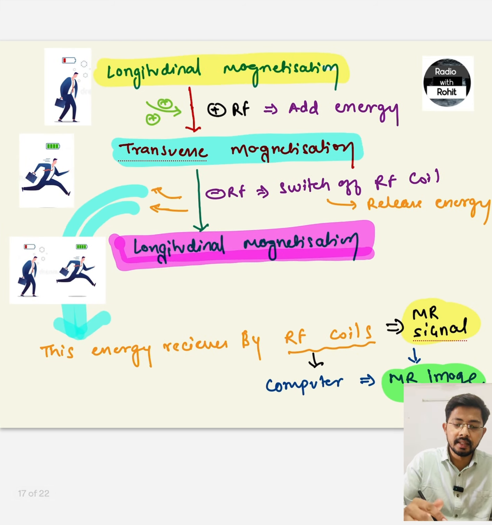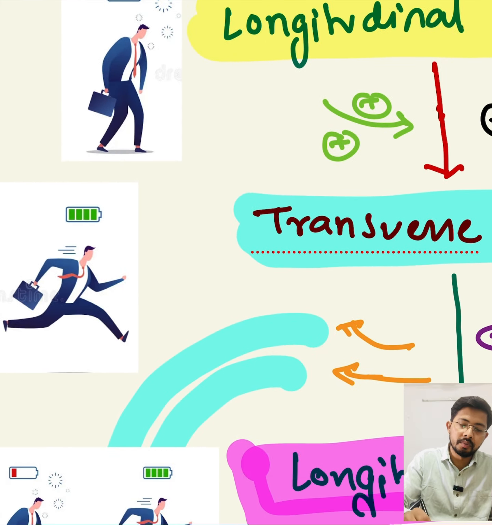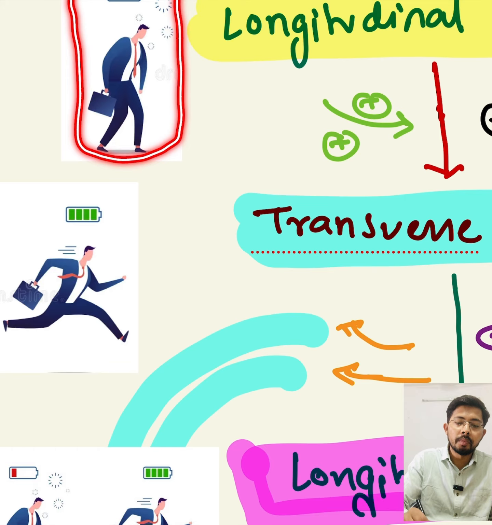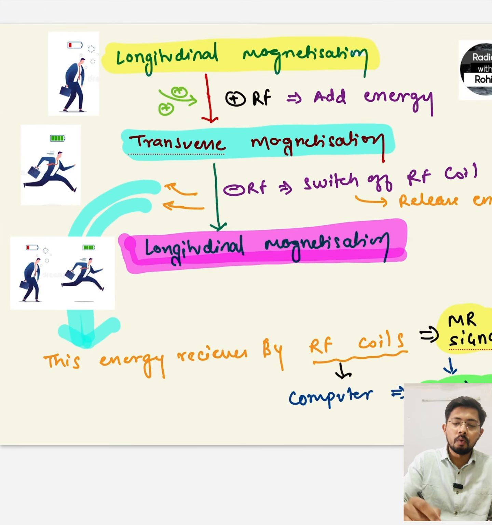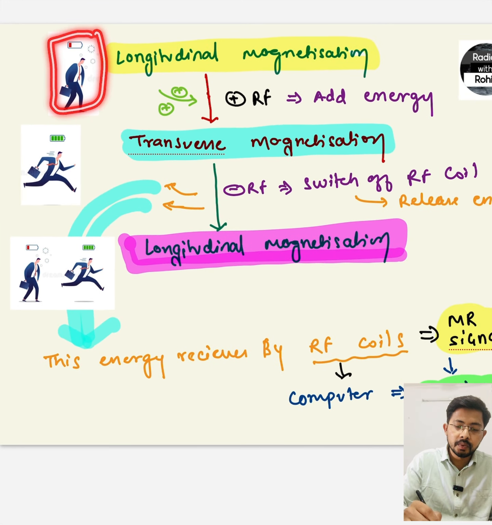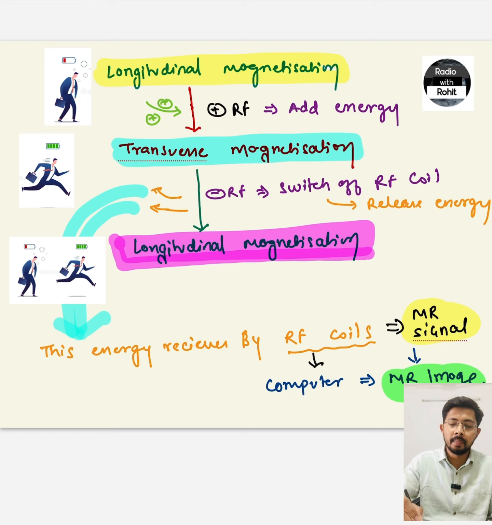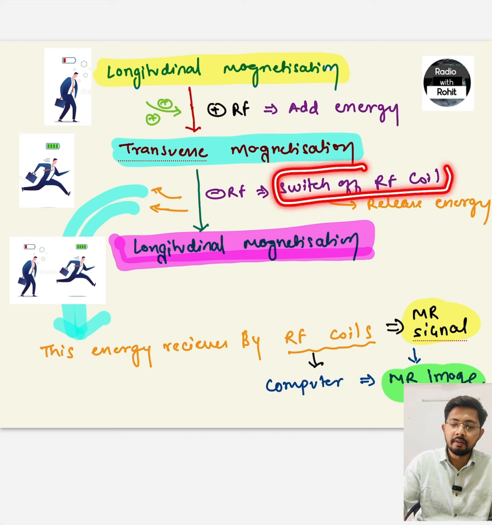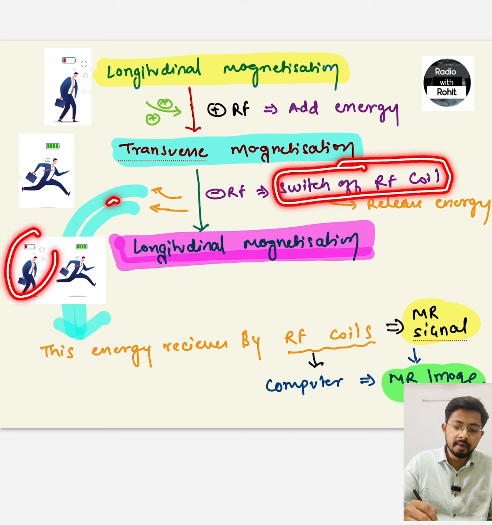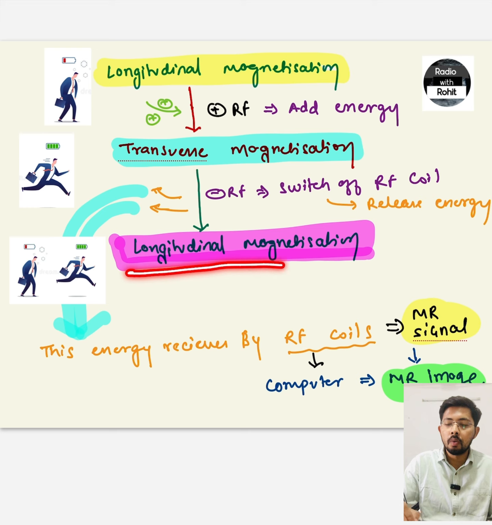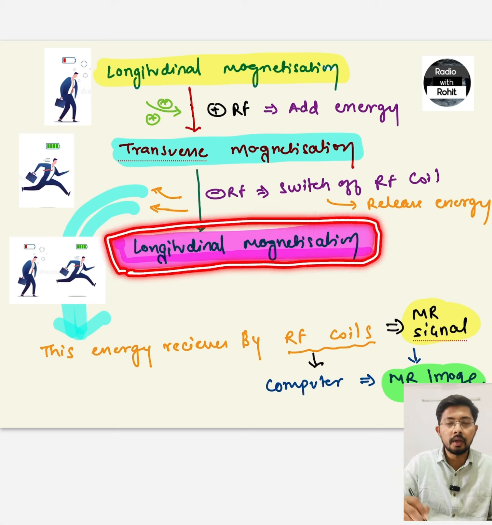Here we can see that this person is getting low energy, so obviously he is trying to cope with low energy by walking on the normal ground. As soon as this person gets the full energy, he starts to climb the mountain, or the transverse magnetization. He gets this energy in the form of the RF frequency pulse, and when we switch off this RF pulse, the battery gets discharged and the person starts to walk on the road, or the longitudinal magnetization.